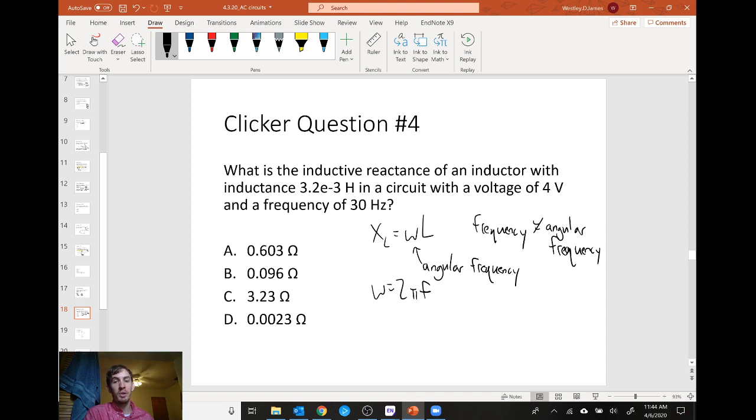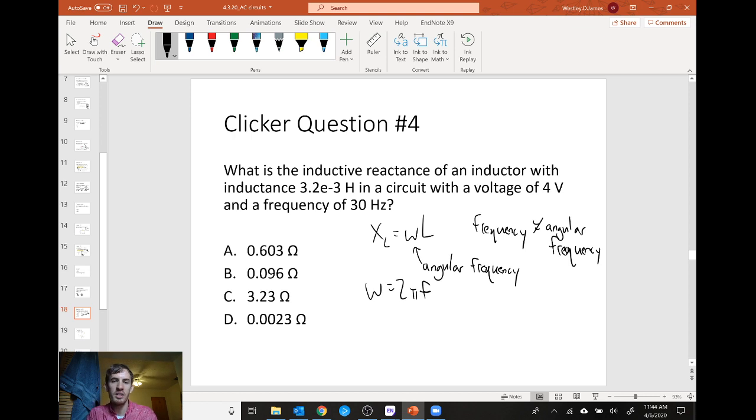It is important to distinguish between the two, because frequency has more of a real world meaning. It tells you how many times this thing oscillates per second. So 30 hertz means that a maximum and minimum occur 30 times a second. It makes more sense in the real world, but we have to convert to angular frequency for the math.